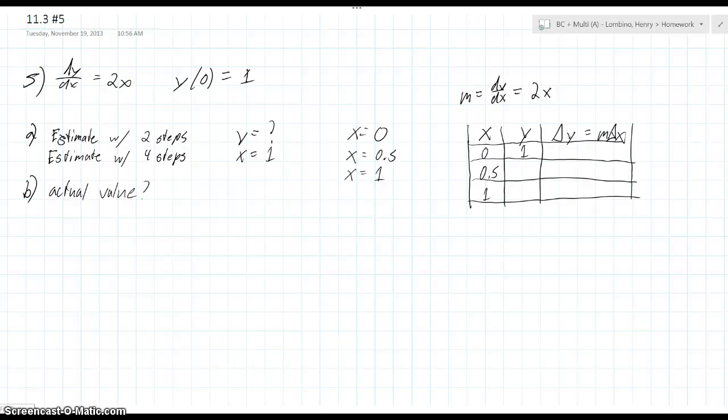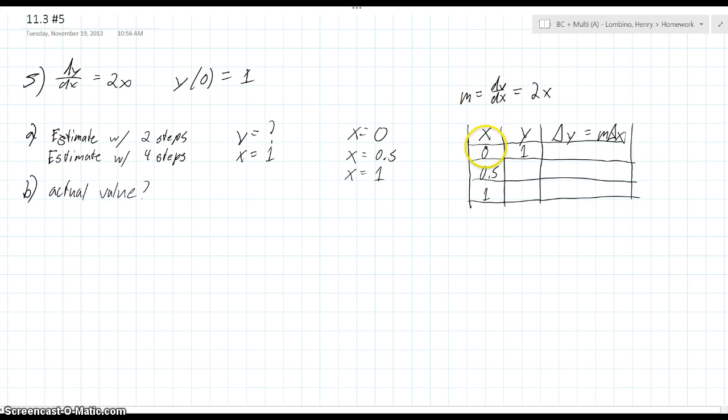So let's calculate our first change in y. The change in y equals m times the change in x. What is m?